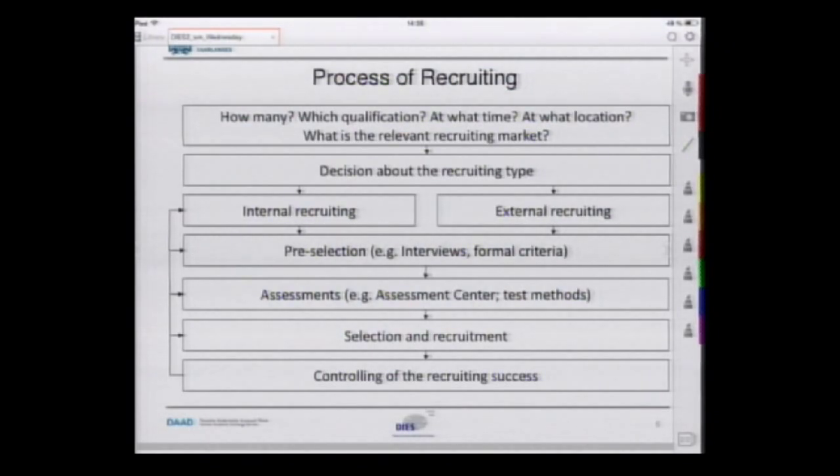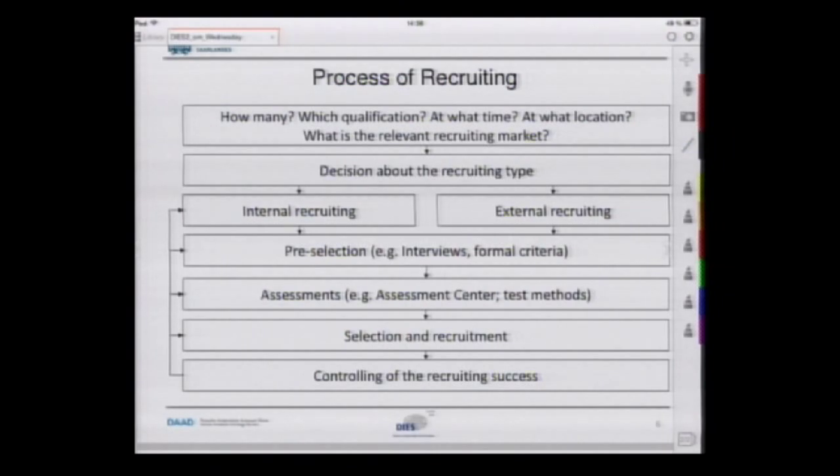Yes, right. You're right. You also have to think about at what time you need people. So in your case, you know, in 3 years we have 5 people leaving. And you know, in 3 years I need 3 new ones. So you have to know at what time you need the people. You also have to know at what locations you need these people.